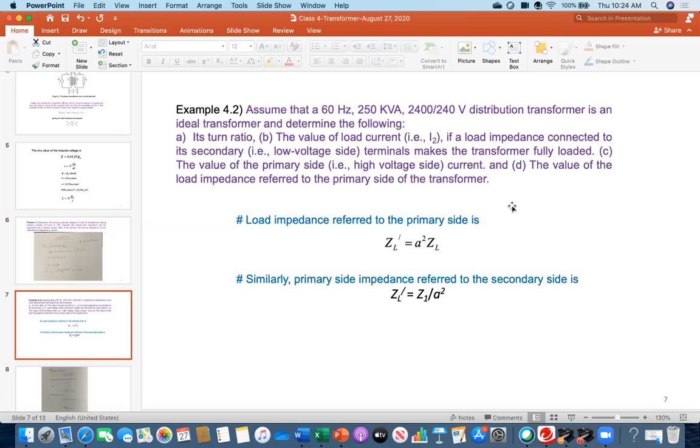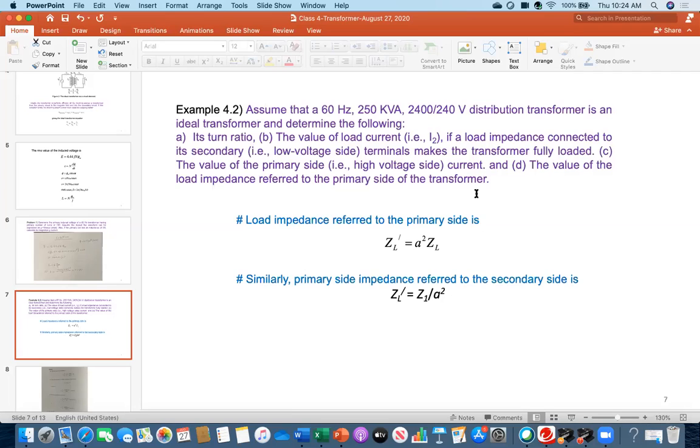Okay, and just here, ahead of time, I have written down two equations to answer question D, the value of the load impedance referred to the primary side. Because the load is connected on the secondary side, you are able to find the secondary current, and you are able to find the load connected on the secondary side.